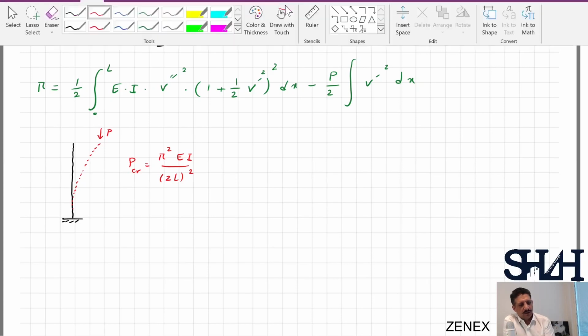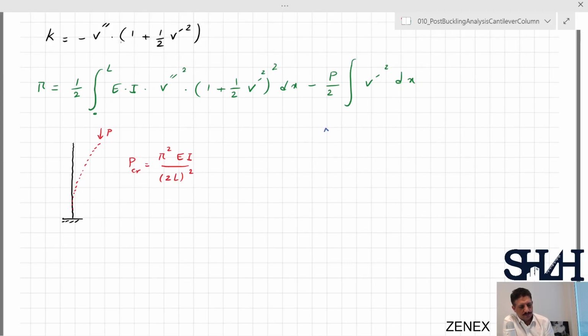So if we look at the cosine graph, from 0 to pi over 2, cosine x, it looks like the same pattern as we have here in our column. So I can assume that it is following the same, but I have to make it in a way that the boundary condition at point A is met.